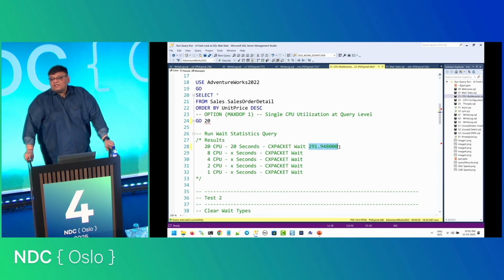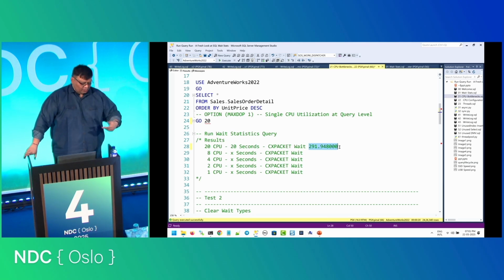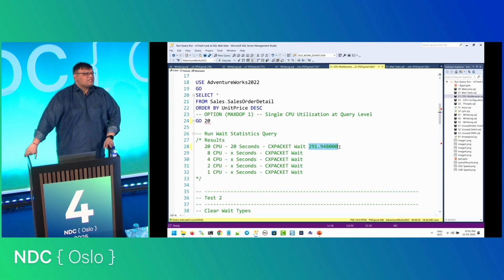That means my CPU was only good for 109 seconds. That's it. Why it is wastage and everything, I'll be happy to talk to you. I'm here for another day, or you can write an email, or we can discuss also, no worries. But for the moment, for demonstration purposes, understand that 291 seconds is wastage.